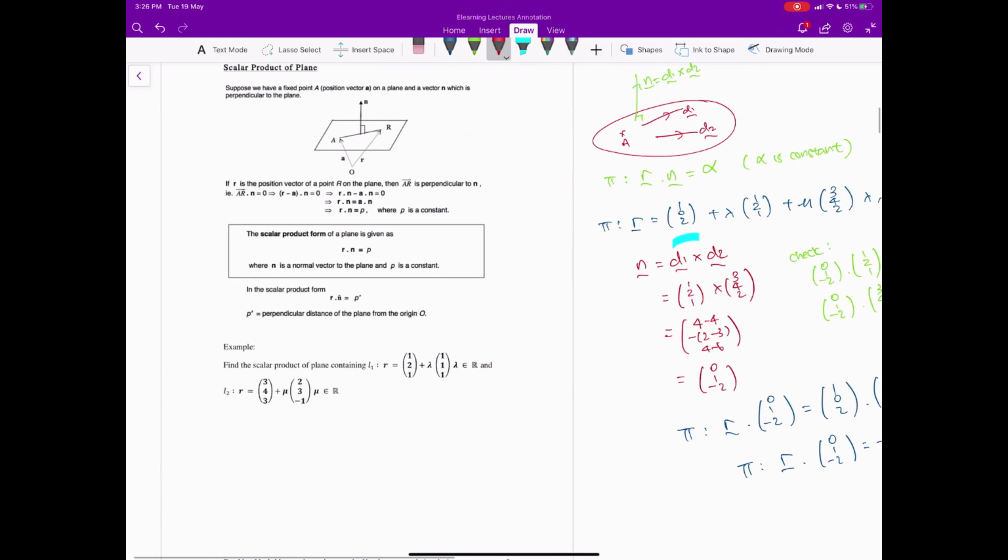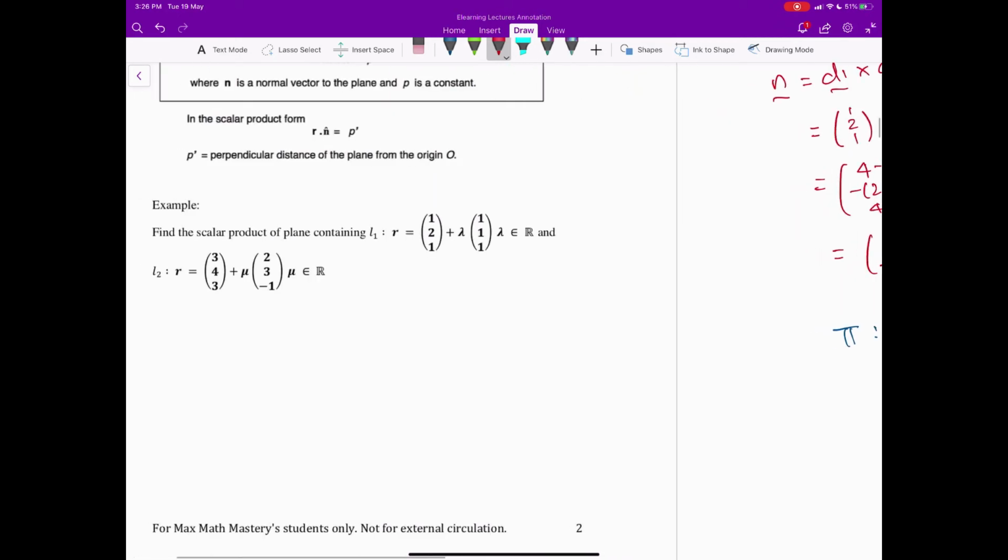Given the question gives you two line equations, find the scalar product of the plane that contains L1 and L2. Given that the plane contains two lines, you can quickly draw this out. This is my L1 and this is my L2. You can use the two directions of the lines as the directions of your plane.